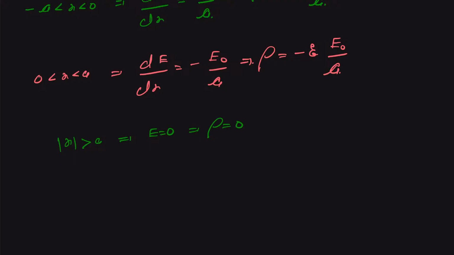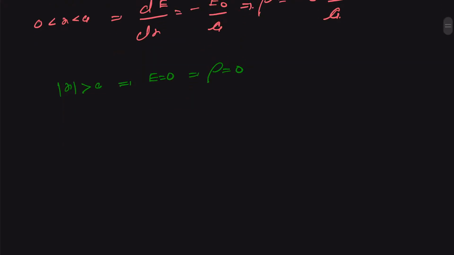Now we are also supposed to find out the potential. So you can say, because electric field is our equation in x term, E of x will be equal to minus derivative of potential.